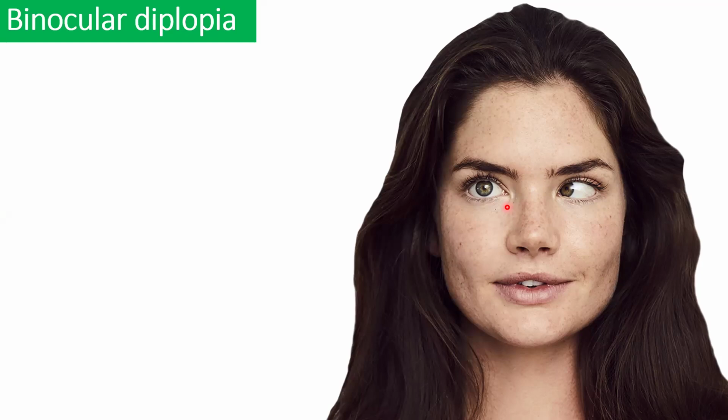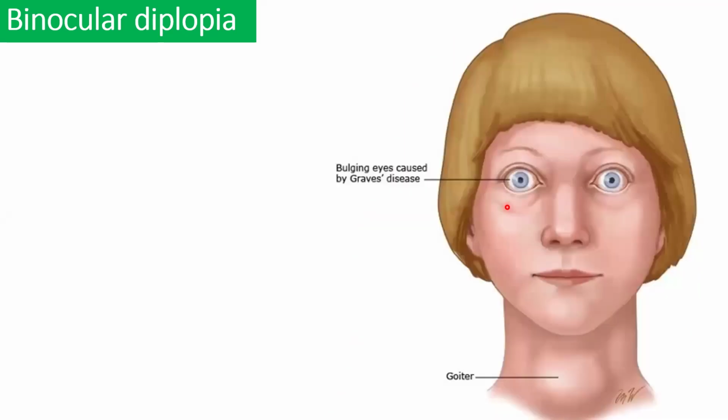Or stroke or brain tumor. As I discussed in papilloedema cases, a tumor or cyst can form inside the brain. So because of this cyst or brain tumor, it puts pressure on the nerve which is controlling the eye movement. So that also can lead to diplopia. So all these things you need to keep in mind.